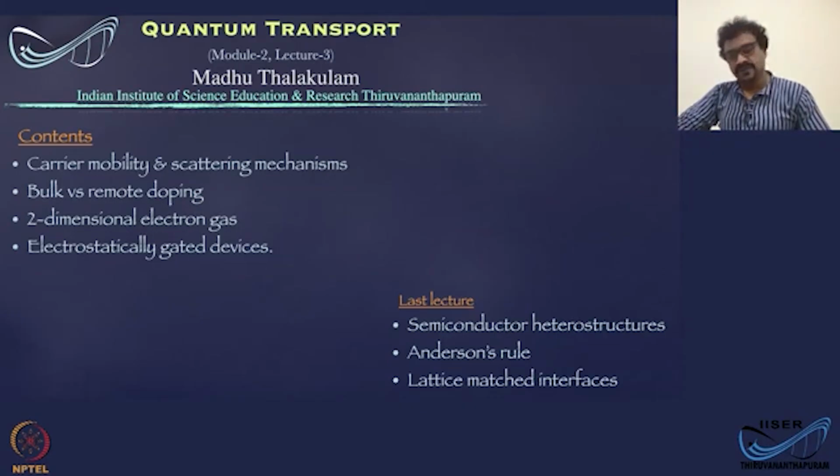Okay, so today in this lecture we will do the carrier mobility and scattering mechanisms of charge carriers and the importance of that, and the difference between bulk and remote doping, the formation of two-dimensional electron gas, and some technology, very briefly, how you make quantum devices on these two-dimensional electron systems or electron gas.